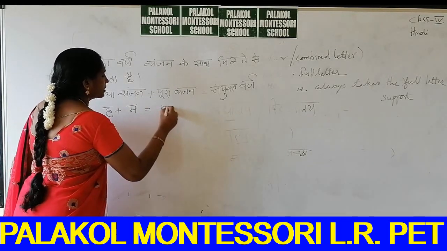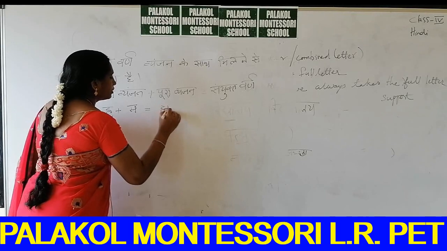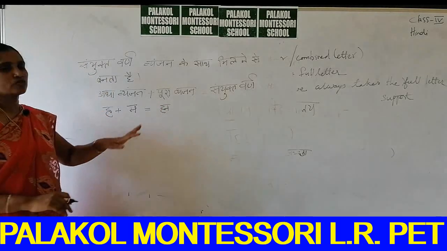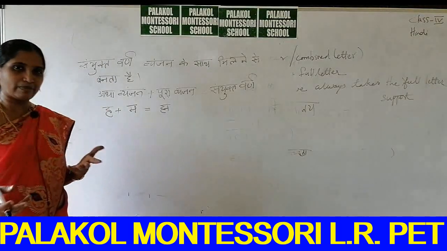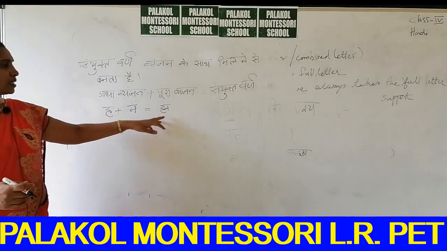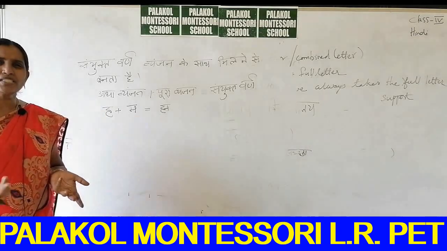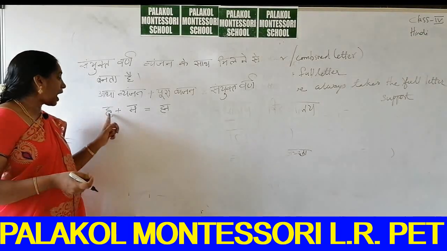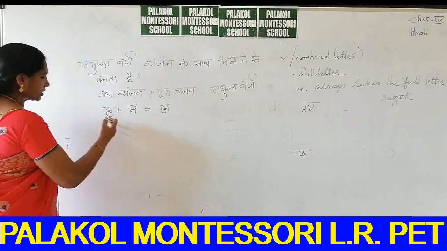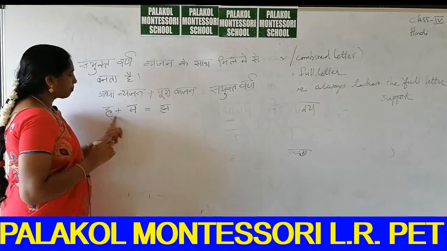In notes it will not be like this. In newspapers or old books and Sanskrit books, when you see them, it was like this. You may not know what it is. But here, ha plus ma: this is a half ha plus ma.